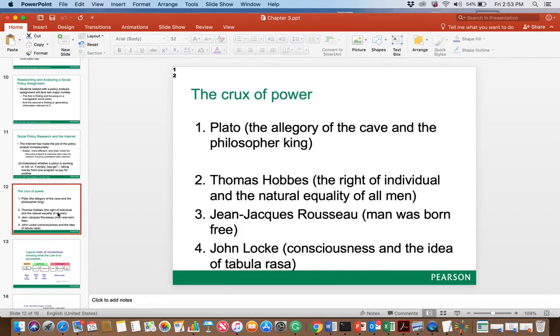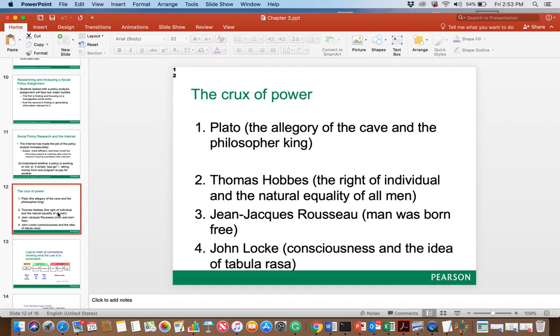Well, here basically is a slide asking you to think about, where did we come from? How have we come here? What are these ideas and thoughts? Where do they come from? So when you have read sociology, you are going to look at the ideas of Plato.